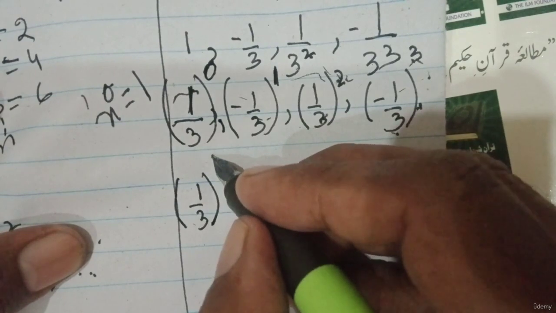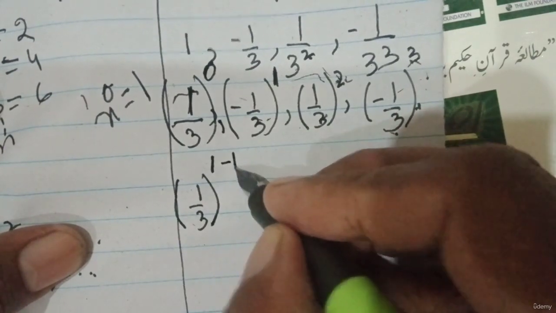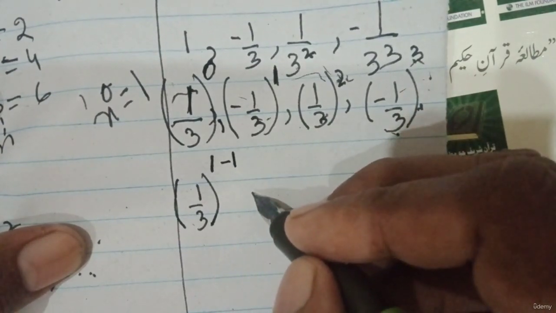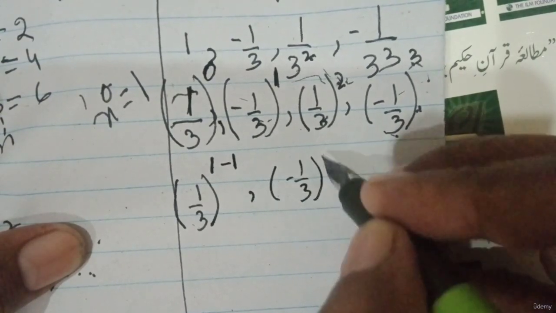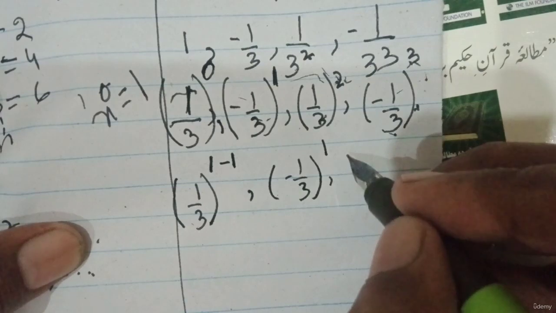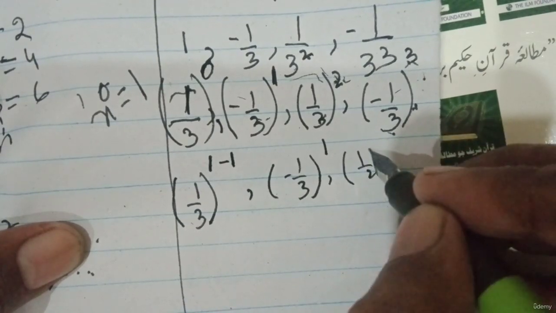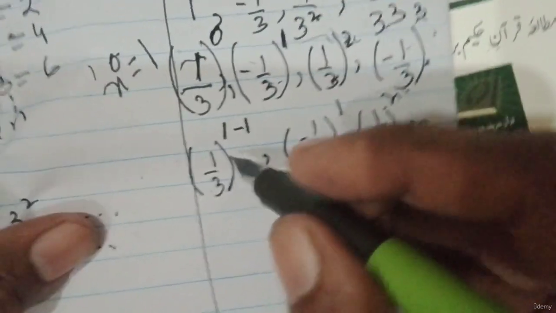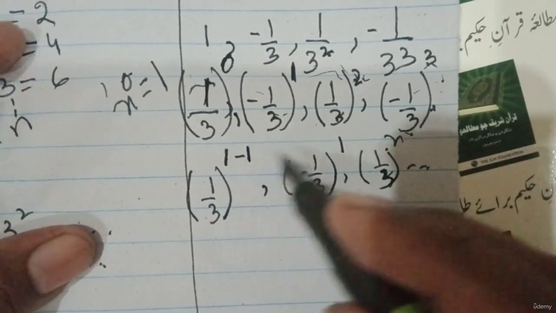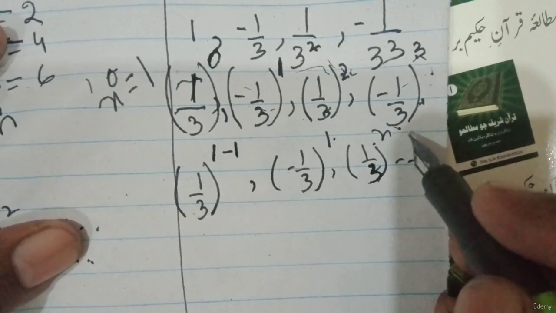I will make it 1 minus 1, and then minus 1. I have already made 1, and 1 upon 2, 1 upon 3 square, and so on. Now you can see that this is 1, this is 1 again, and this is 1.